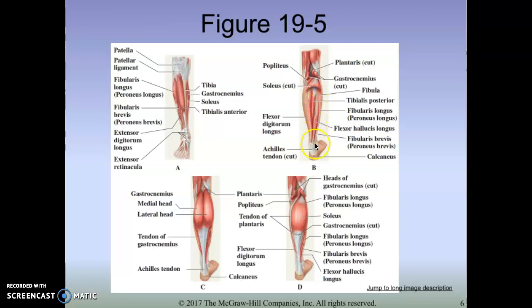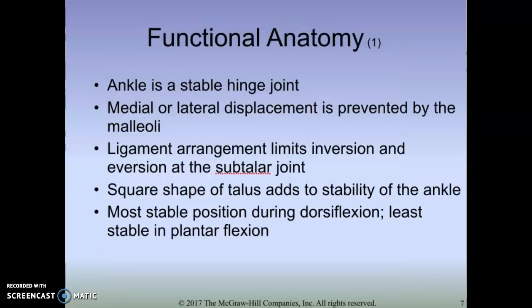They run all the way down the outside of your lower leg and then into your foot, and they have two attachment sites. The peroneal muscles do eversion. They pull the toes out away from the midline. So peroneals for eversion, the posterior tibialis for inversion, the gastrocnemius and soleus for plantar flexion, and the tibialis anterior for dorsiflexion.